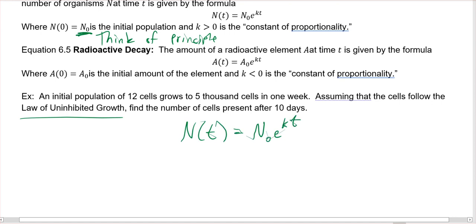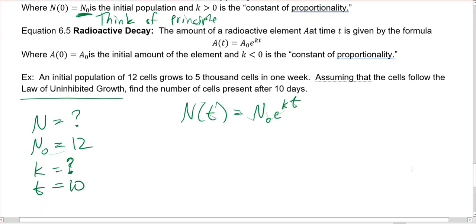N of t is the question mark, that's what we want. N sub 0 is the amount we started with, so that's 12. Our k value, well, we don't know that either, do we? And then our time, we want 10 days. So the difficulty with these problems is going to be finding this k value.